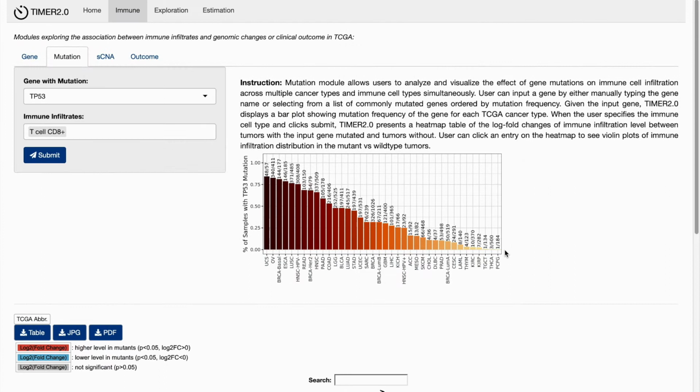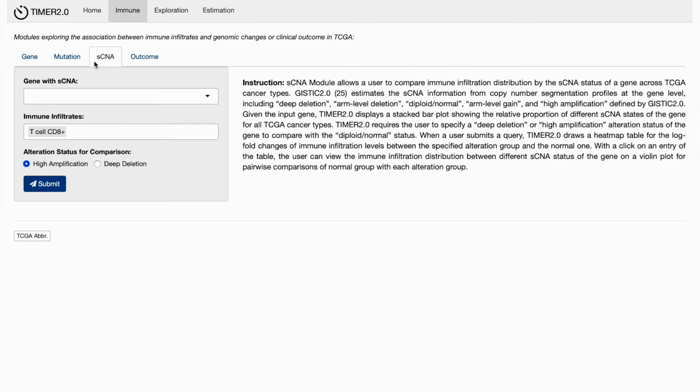Moreover, we could also look into the association between somatic copy number alteration of a gene and immune cell infiltration. So we can use the SCNA module to do that. For example, MYC has been reported to be involved in a mechanism that can evade NK cell immune surveillance.